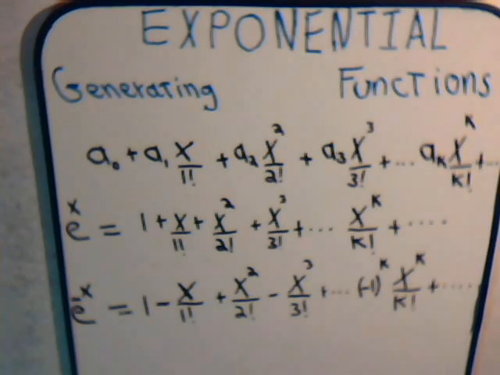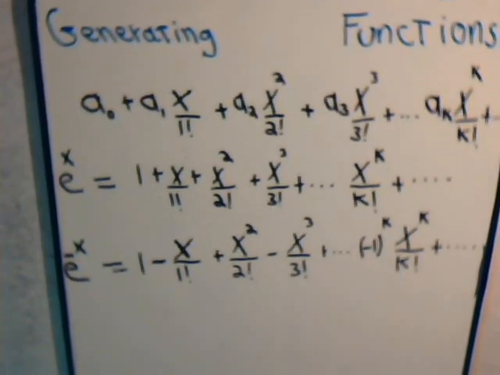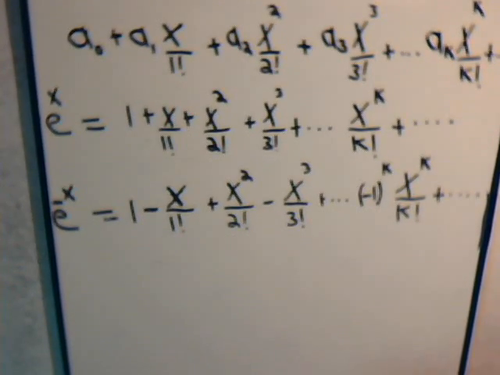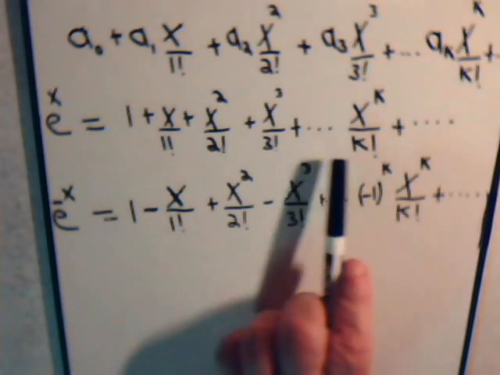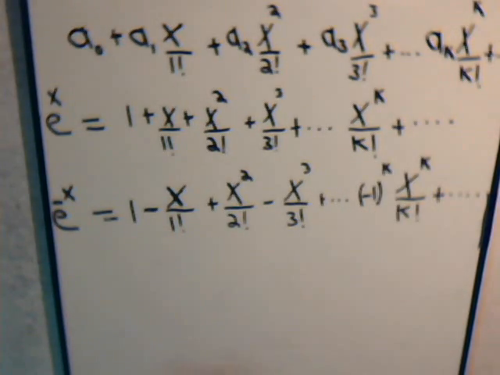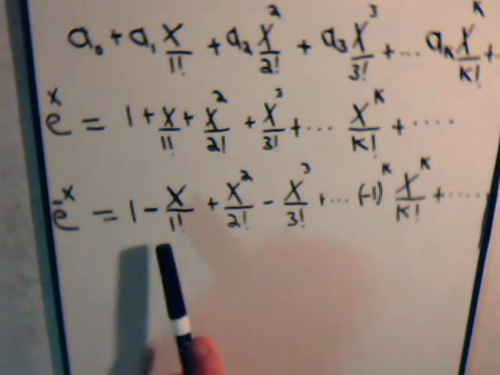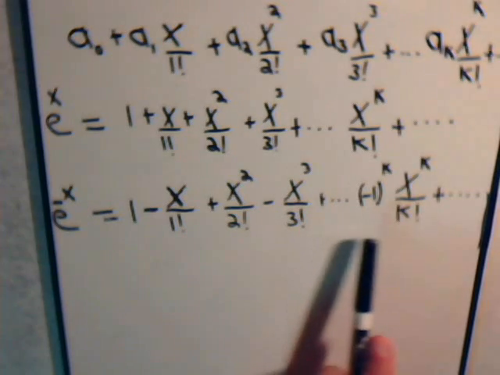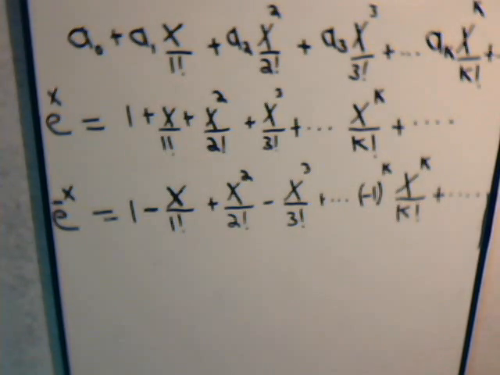And the reason why this is called an exponential generating function, from calculus we learned that e to the x is equal to this expression, and e to the minus x is the same thing, except the odd powers of x have minus signs by them. So this would be the expression for e to the minus x.